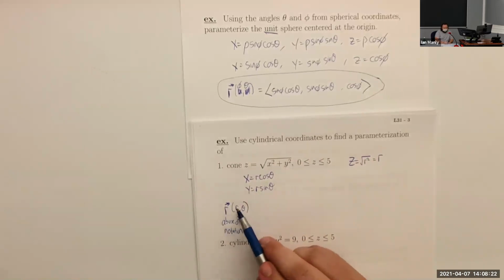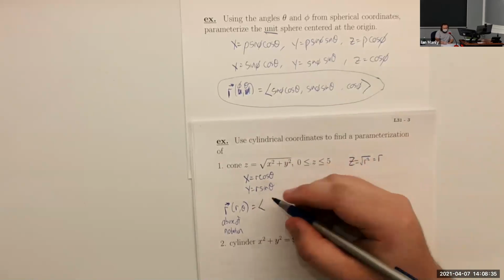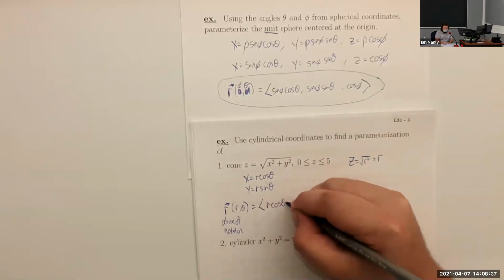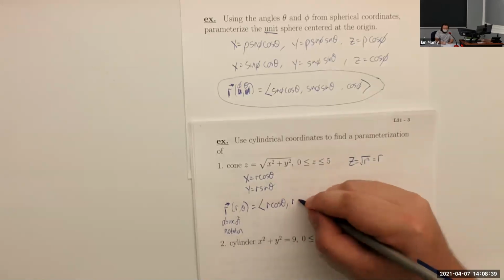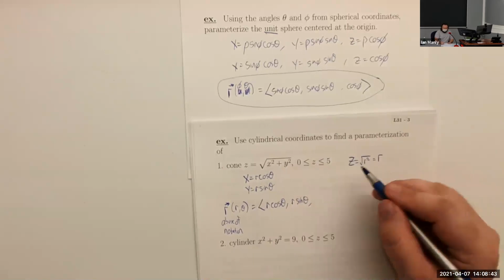But I think it's pretty clear that these are different because we have the vector symbol over this one, and we have the letter here for that. So this is what's known as abusive notation, where we overload the same variable, but we still know what it means. So our x coordinate is r cosine of theta, our y is r sine of theta, and according to the cone, z is equal to r.